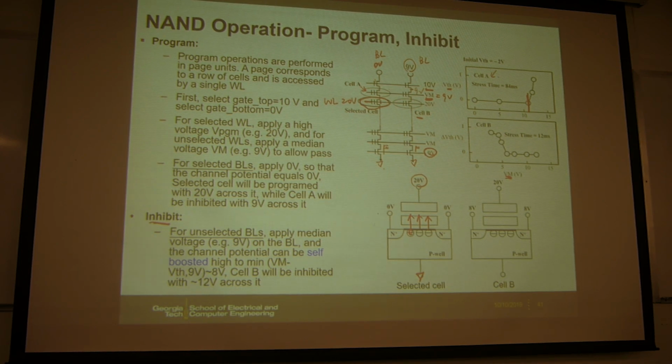So a transistor is floating. That means the source side is floating. Floating means the voltage is undefined, okay? And this voltage will be determined by gate and the drain. This voltage actually will be the minimum of Vg minus Vt and Vd, whichever is smaller.